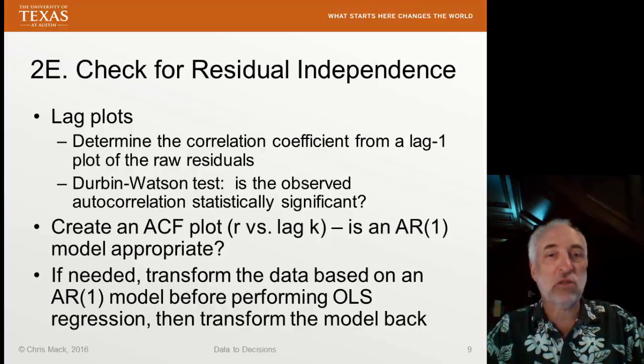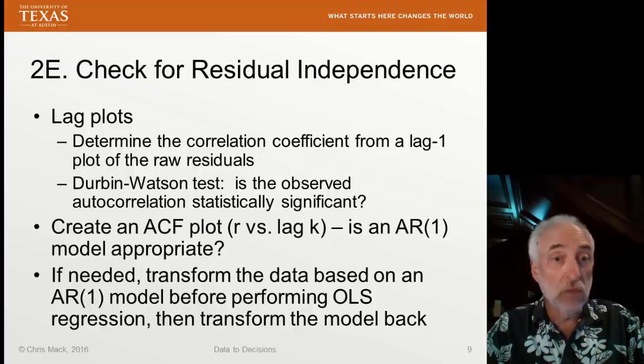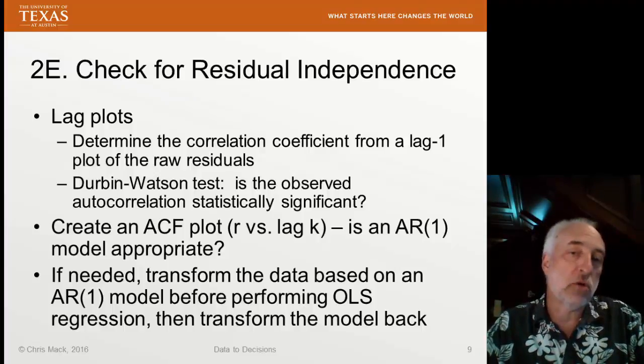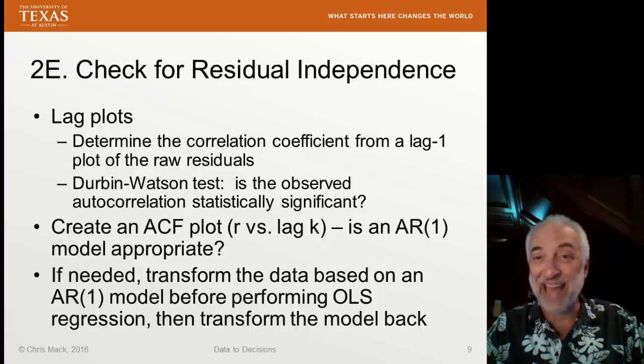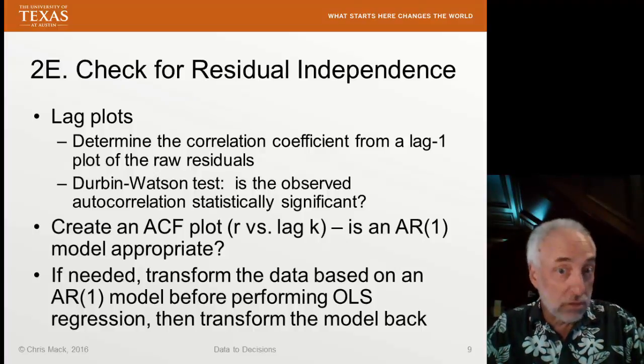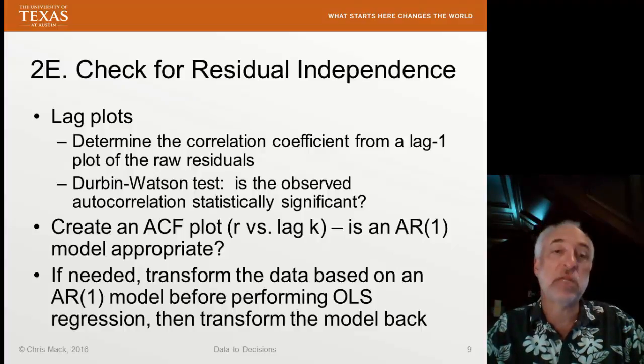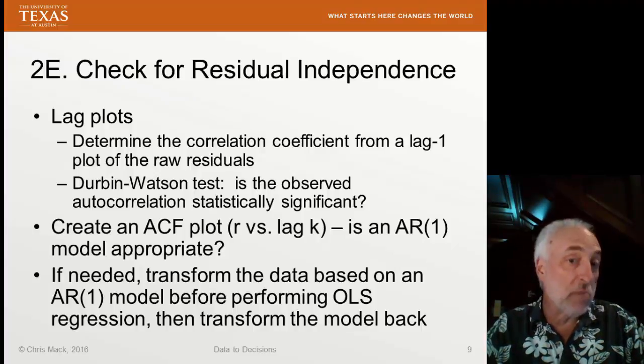If we detect correlation, the next thing we'll do is create an autocorrelation function plot, which is simply the correlation coefficient versus the lag k, and try to see what kind of behavior it exhibits. If it exhibits an exponential decay in R versus lag k, then you might be able to do something with an autoregressive lag 1 model, an AR1 model.